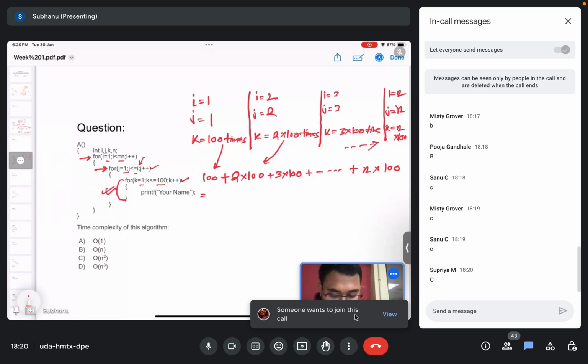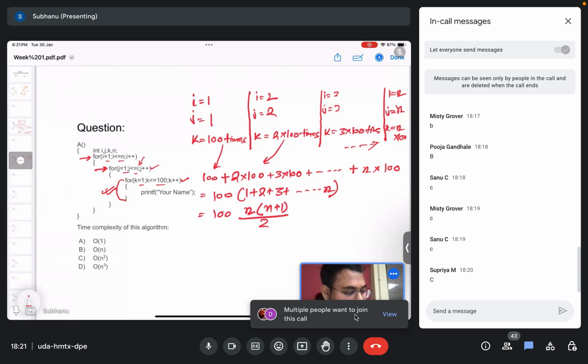If you take this 100 common, then 1 plus 2 plus 3 and so on up to n. This is a very well known thing to you: n into n plus 1 by 2.